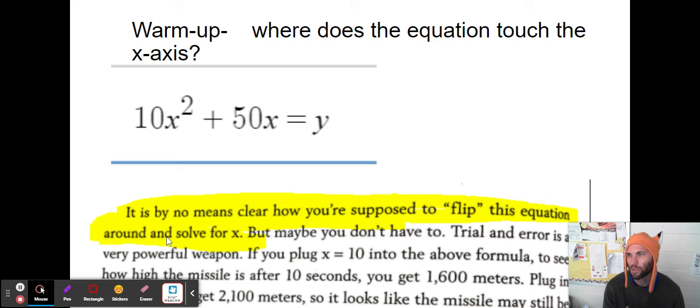You can't use inverse operations to solve. I do know I'm supposed to set y to 0, but I can't square root the entire side because there's an x here, and I can't subtract 50x from both sides because it'll just put the x on the other side. So how am I going to solve this?